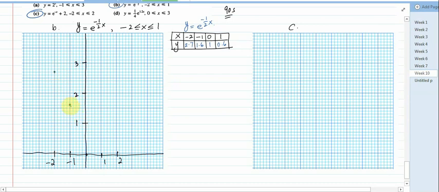When x is 0, y is 1, third point, and when x is 1, y is 0.6, that is my fourth point, right? If I construct those 4 points, the curve should be like this, and we know that it proceeds in this way, and it will never ever cut the x-axis. So that's how your exponential graph of e to the power minus 1 upon 2x looks, and you need to complete that question in your graph paper copy as well.